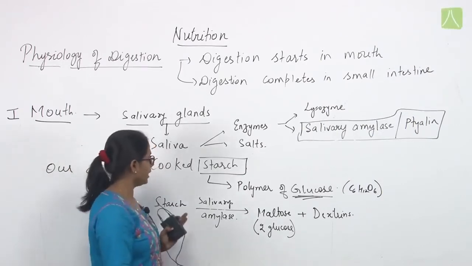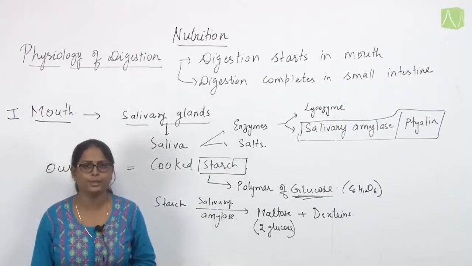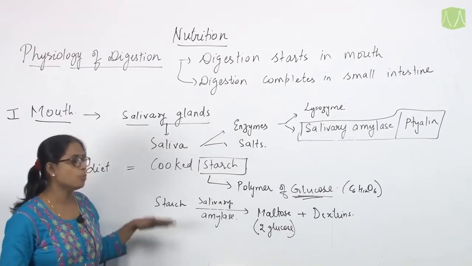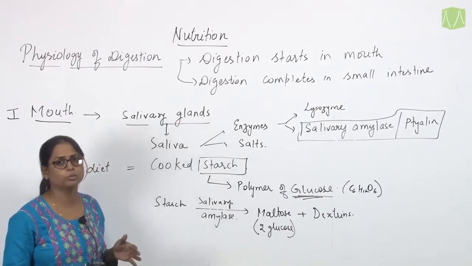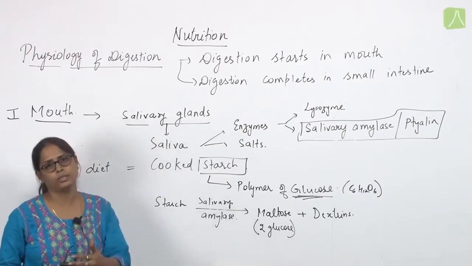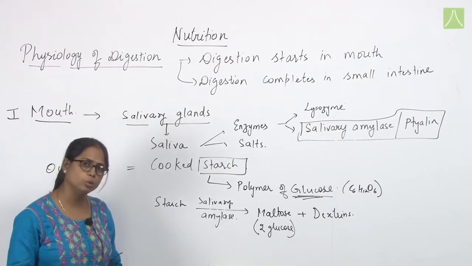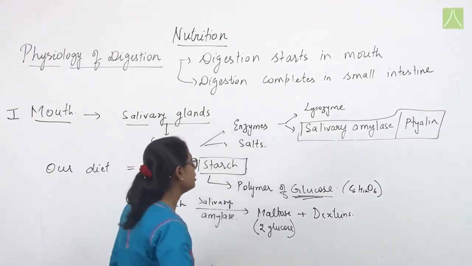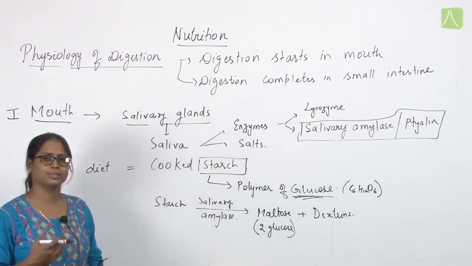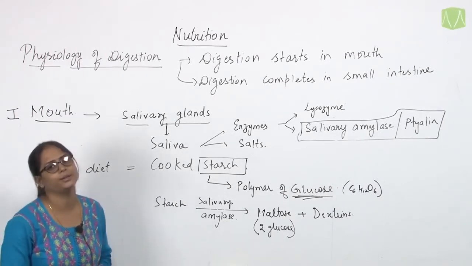So in the mouth the digestion has started, but it is not completed here, because starch is a complex structure. It needs more activity of enzymes in different organs or stages to degrade completely into glucose molecules. In the mouth, only the digestion of starch started; the digestion of fats and protein has not started yet.